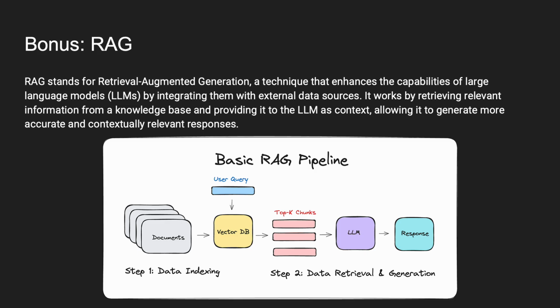I've got another bonus in here for you guys. We're going to talk a little bit about RAG and how it pertains to prompts. RAG stands for Retrieval Augmented Generation. Just think of giving the LLM a document for it to reference when you ask questions.